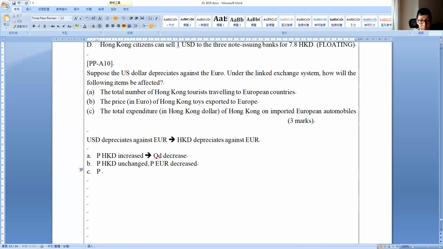Remember, the European goods price in terms of Hong Kong dollar would have increased, but the quantity would have decreased. Now, therefore, since the total expenditure equals to P times Q, one increase, one decrease. Therefore, we are actually uncertain about the change in total expenditure.